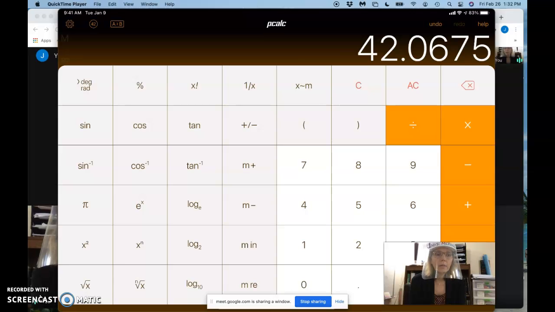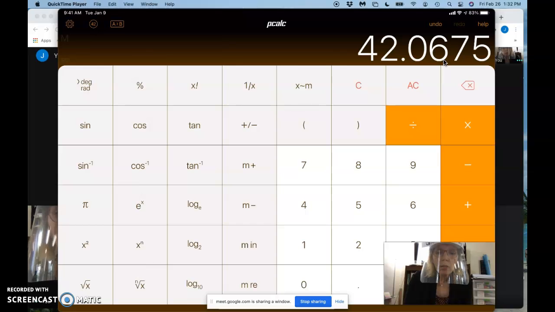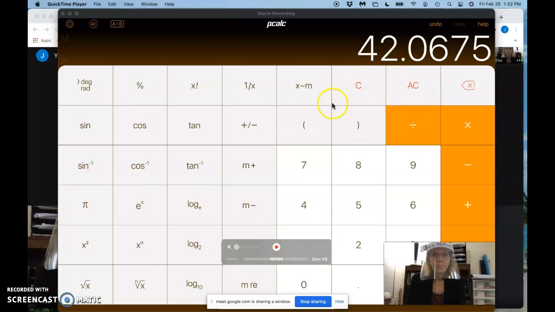Okay, try again. $42 is right, but I need to figure out the change. How much? You're getting much warmer. They said $42.06. $42.03. How many cents, Rayleigh? 3. What? Nope. 7.